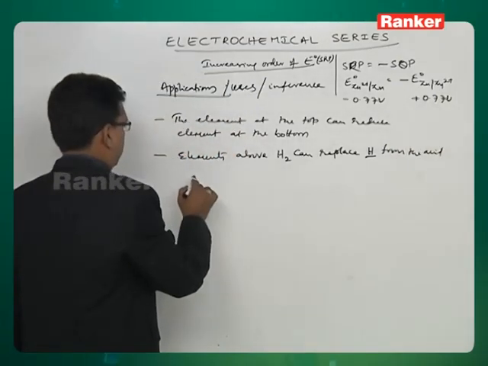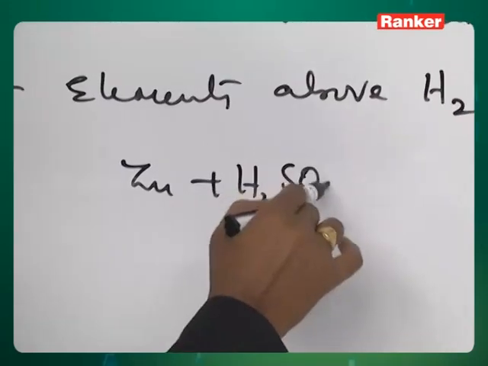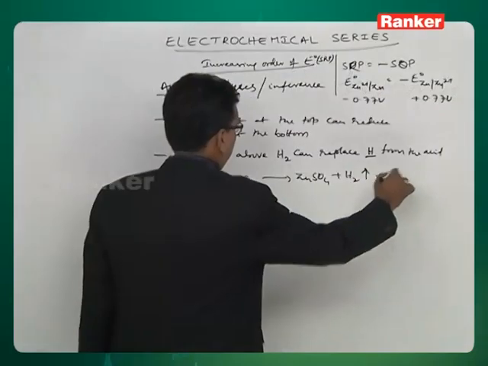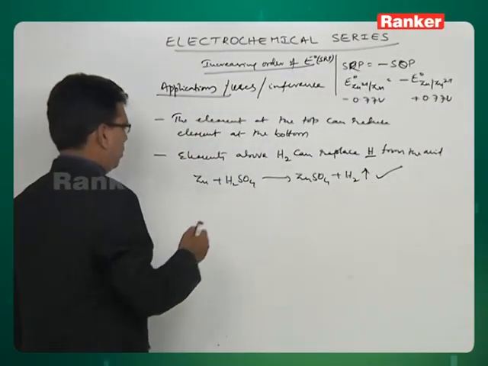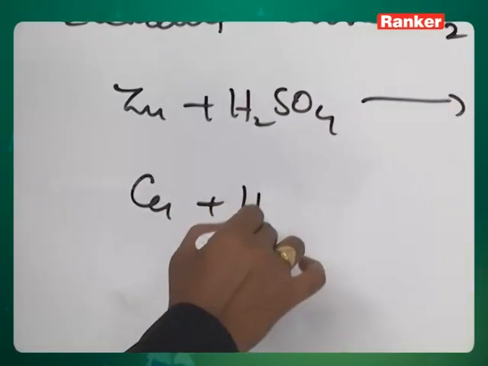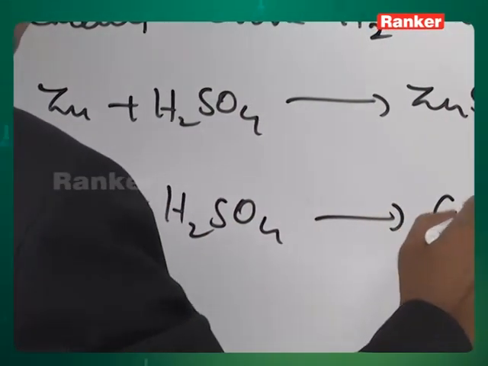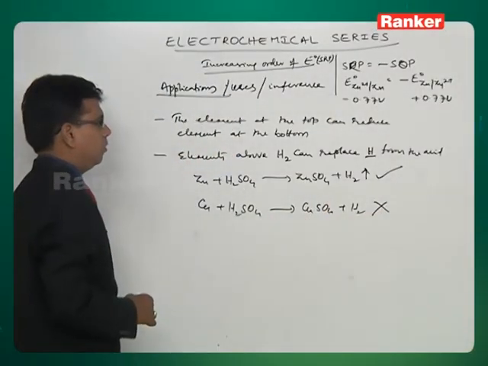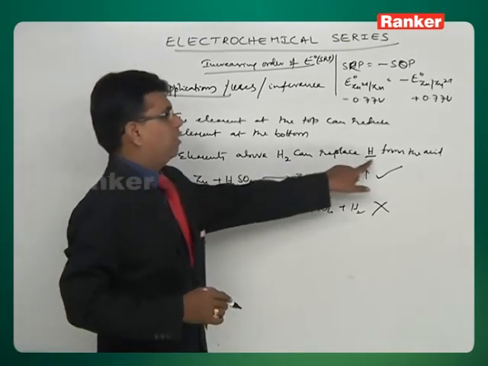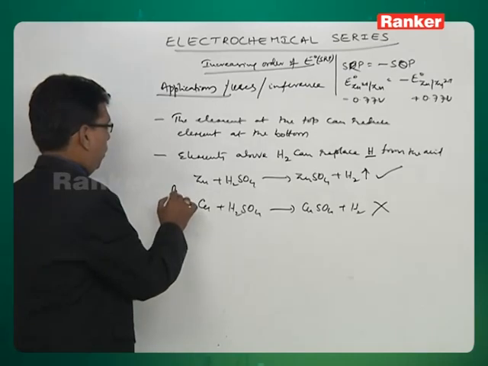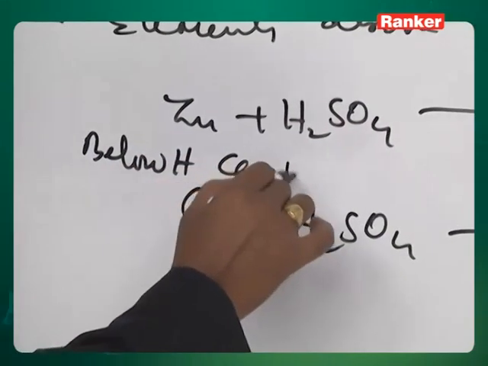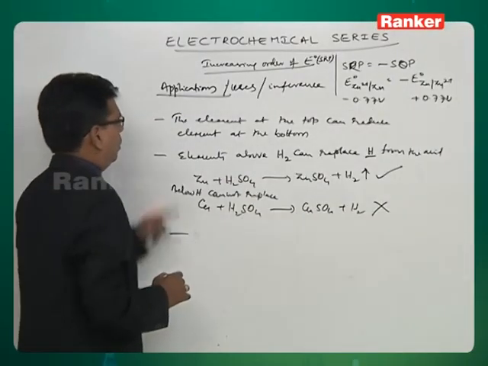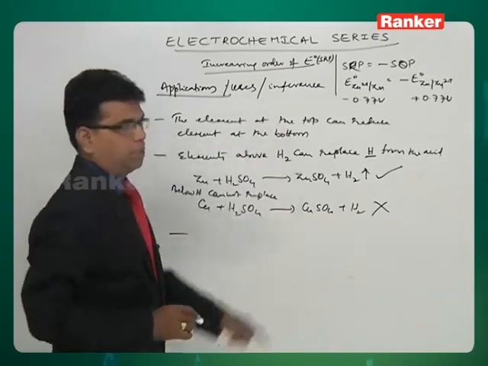For example, Zn plus H2SO4 gives ZnSO4 plus H2. This is possible, but Cu plus H2SO4 giving CuSO4 plus H2 is not possible. So, elements above hydrogen can replace hydrogen from the acid, but elements below hydrogen cannot replace it.